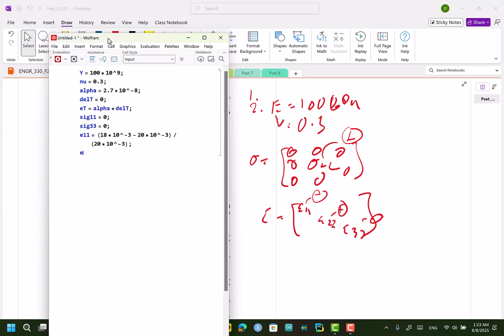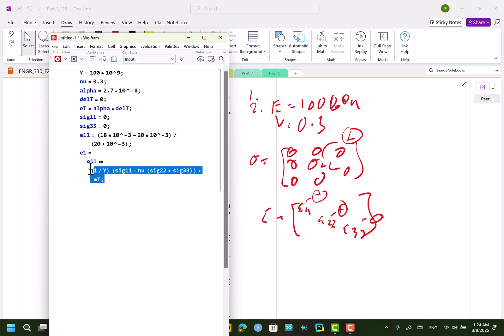Then we're going to say E11 is set equal to 1 divided by Y, and basically go through our Hooke's law equation. So sig 1-1 minus nu times sig 2-2 plus sig 3-3, plus the thermal strain.